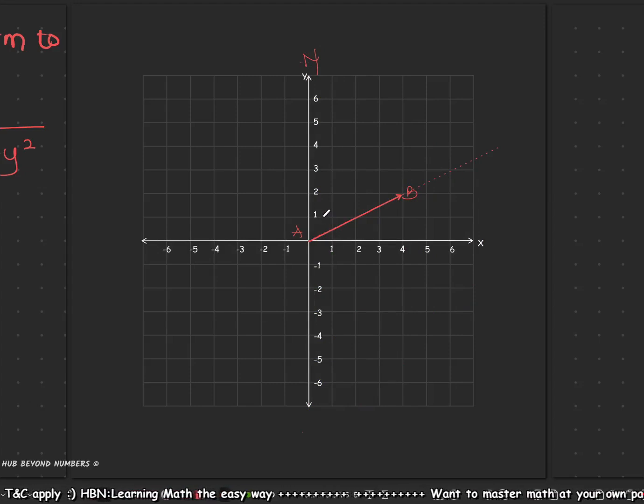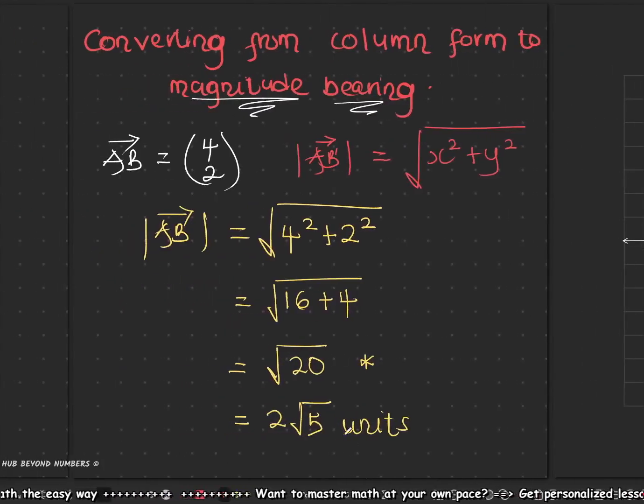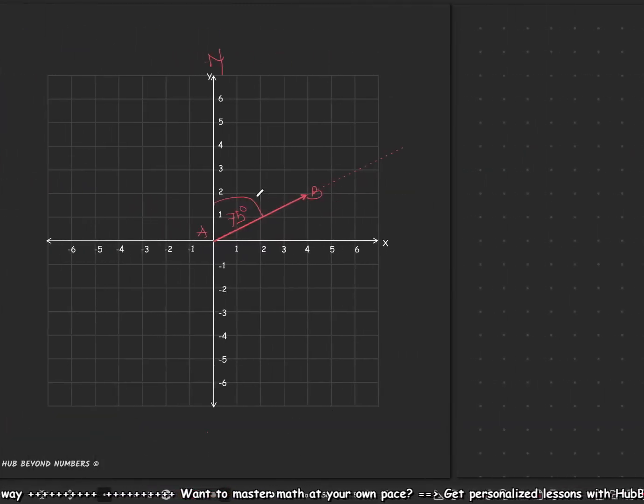I have my 75 degrees over here, and that helps me to get my magnitude and then direction. So in this case, we've been able to get our magnitude here, and we've been able to get our direction from this graph over here.